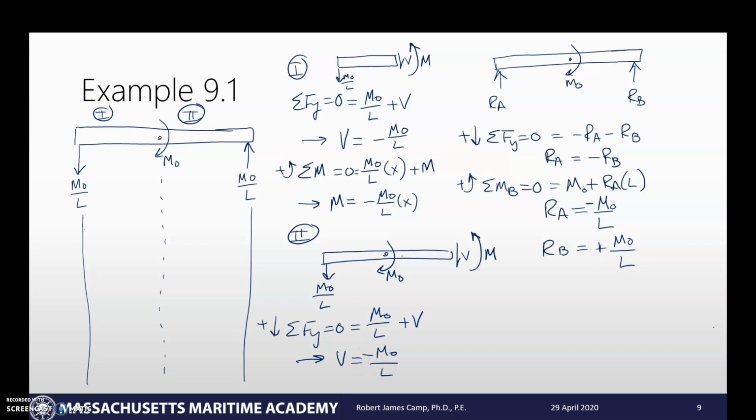Great. So now we'll do our sum of the moments about the cut end. Counterclockwise is positive. That's going to equal 0. And so what do I have? Well, from this one here, I have m naught over L times that x distance to get here. I have m naught, which is going in the counterclockwise, so the positive direction.